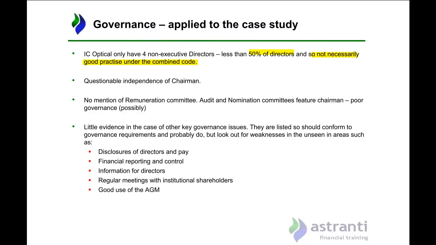But they also have a very questionable chairman, a questionable independence. And the reason for this is because he was the former CEO of the organisation and one of the co-founders, so may have shares within the organisation still. And if they have shares within the organisation, then they are not necessarily independent. They are not in it purely to maintain the standards within the organisation, because they are getting something out of the organisation.